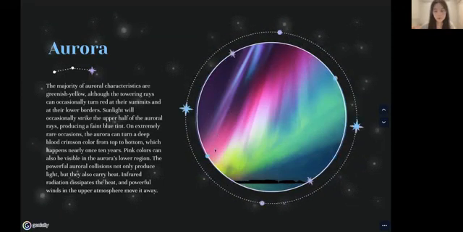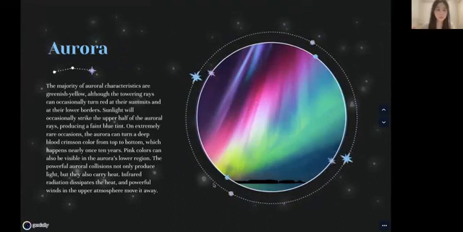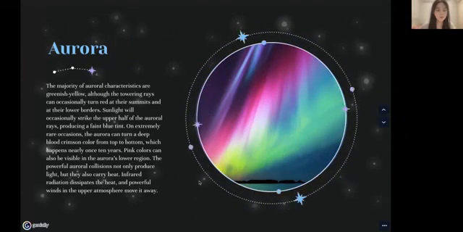This is red aurora, crimson color, from top to bottom, which happens nearly once in 10 years. Pink color can also be visible in the aurora's lower region. The powerful aurora collisions not only produce light, but they also carry heat. Infrared radiation dissipates the heat, and powerful winds in the upper atmosphere move it away.